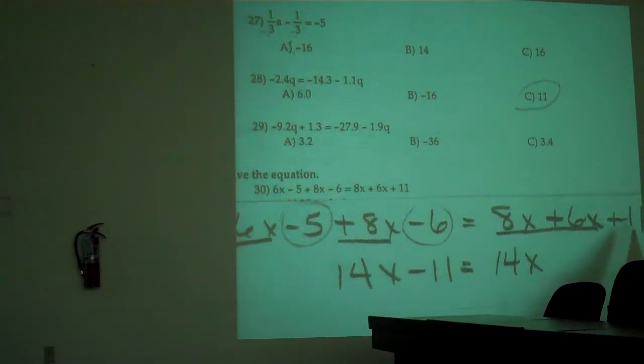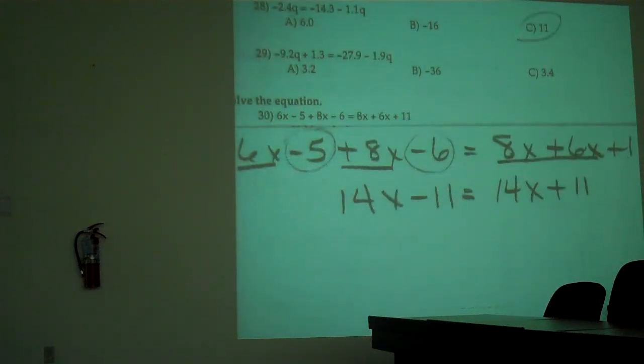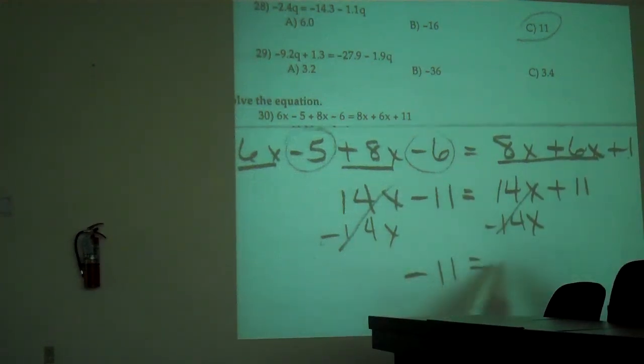And then plus 11 is all by itself. Okay. Now we're going to see which side we're going to subtract 14, right? Subtract 14x. It gets rid of the x on both sides, doesn't it? So we have negative 11 equals 11.